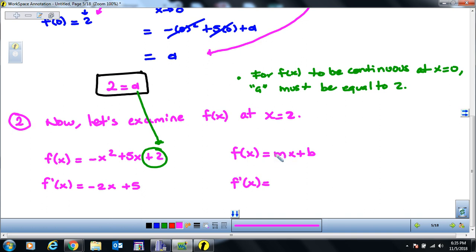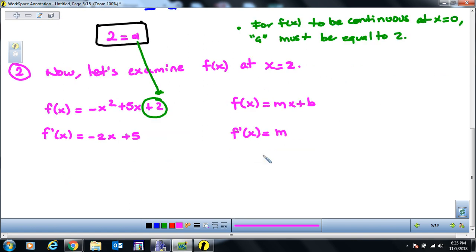Like if it is a 2, a 3, or whatever it is, that's what we are going to find out. So the derivative of mx would just be m. Because if you have 2x, let's say, what's the derivative of 2x? 2. The 3x, 3. The derivative of b, which is a constant, is 0. So then the derivative of mx plus b is just m. So now set the derivatives equal to each other.